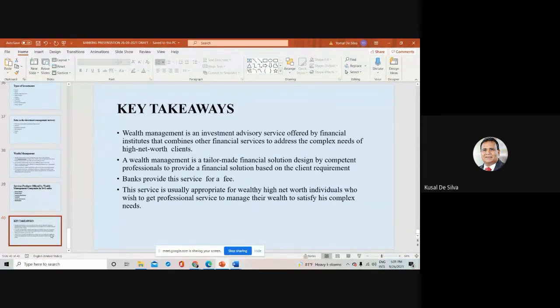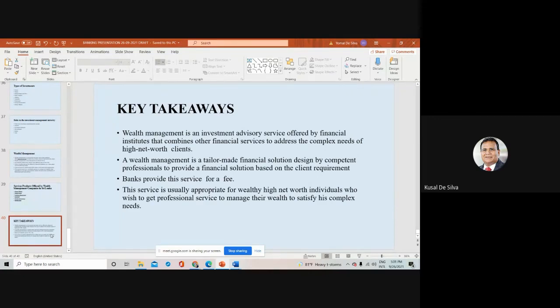These are well-trained, highly professional people who advise and manage these kinds of services to provide financial solutions based on the client requirement. Banks provide this service for a fee. This service is usually appropriate for wealthy, high net worth individuals who wish to get professional service to manage their wealth to satisfy complex needs.